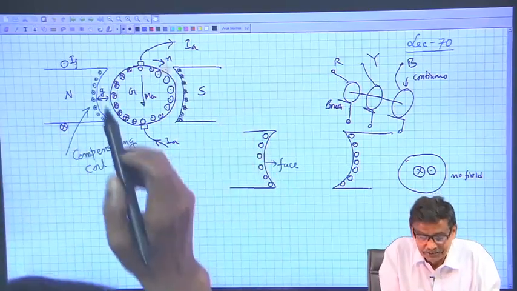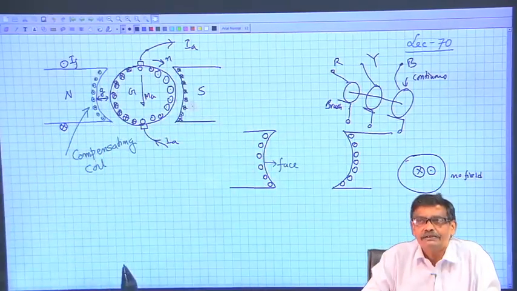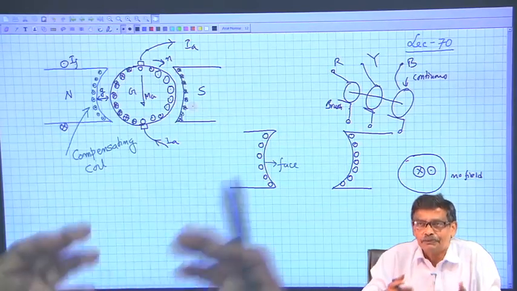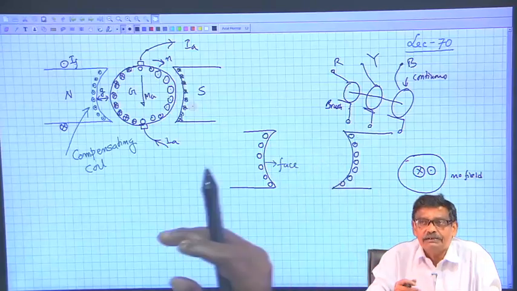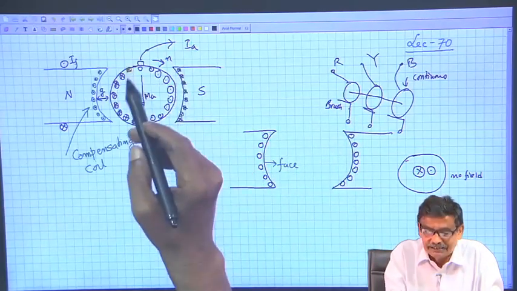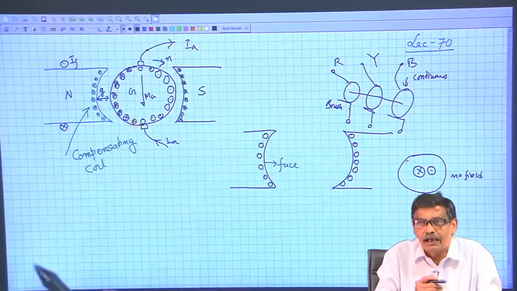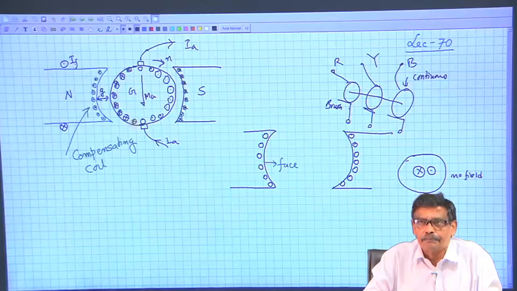When armature current is 0, this compensating coil will not carry any current, it is not needed. When armature current is growing up, you are loading the machine up to rated current, then this current also increases. So that for all currents you can compensate the armature winding.